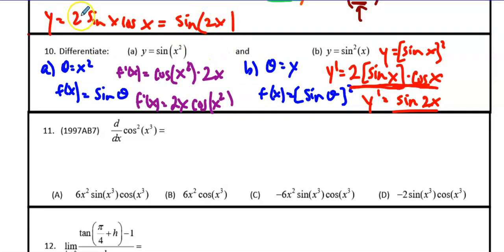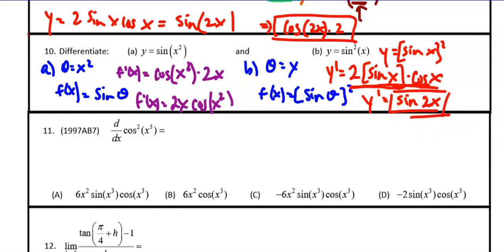So the derivative of 2 sine x cosine x would be equal to cosine of 2x simply times 2. And if you do it with the product rule, you're going to get cosine squared x minus sine squared x, which actually is the identity for cosine of 2x.